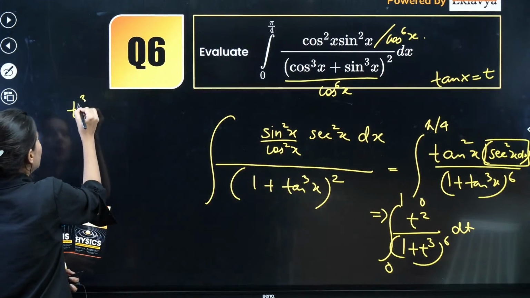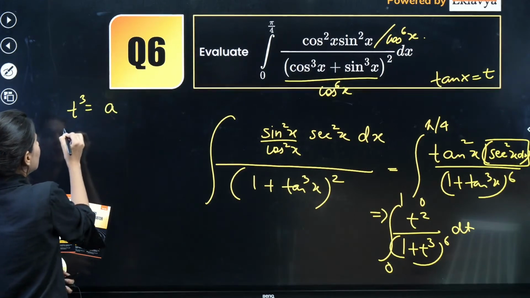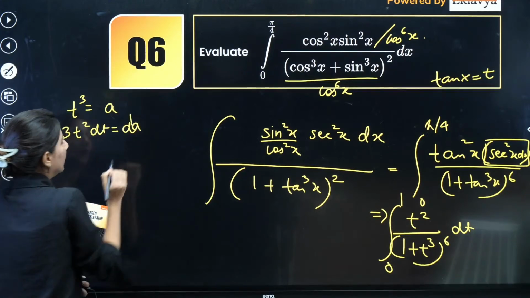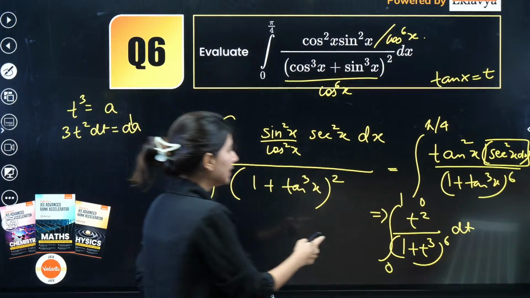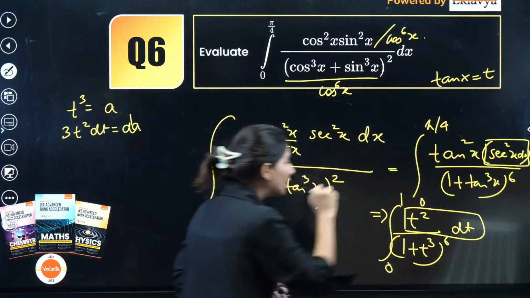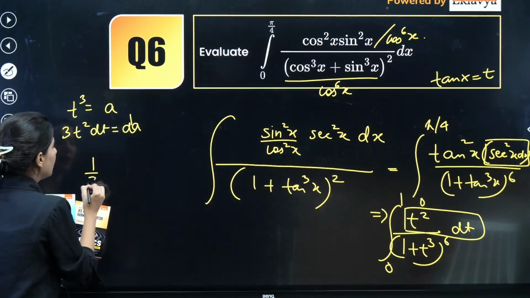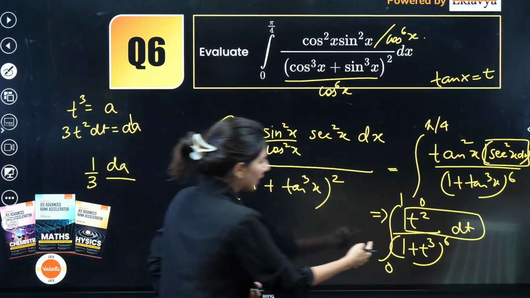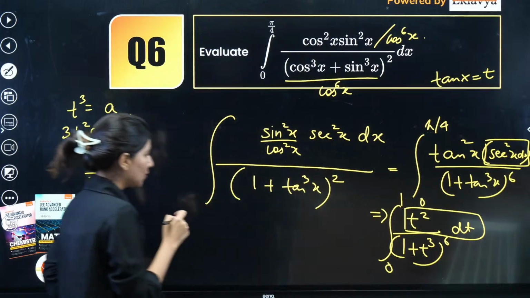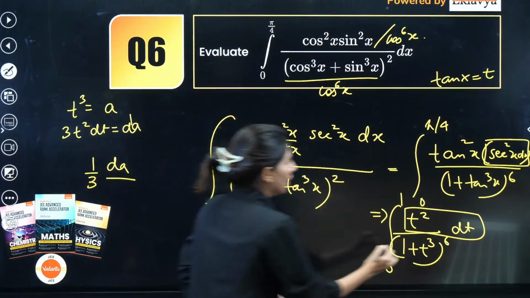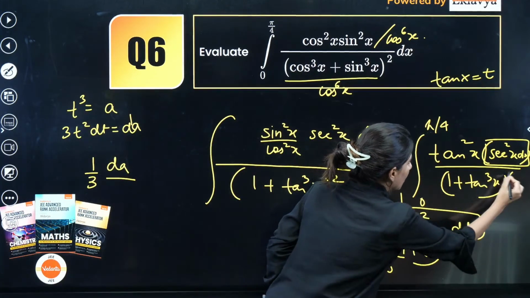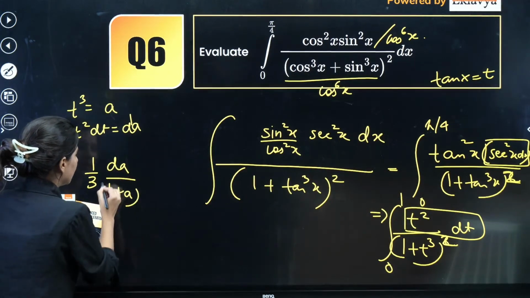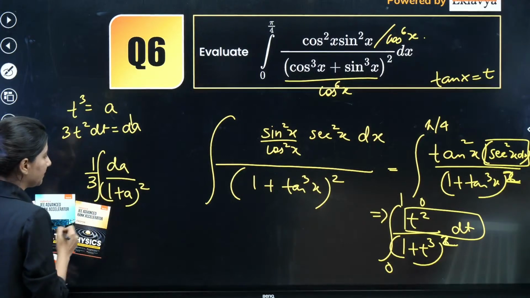So if t cube is equals to, let's say, a, so 3t square dt will be equals to dA, right? So 3t square dt will be 1 by 3 dA, and we are having t cube is equals to a. So that means 1 plus a raised to power 6 raised to power 2, 1 plus a raised to power 2. So 1 plus a raised to power 2 integral.